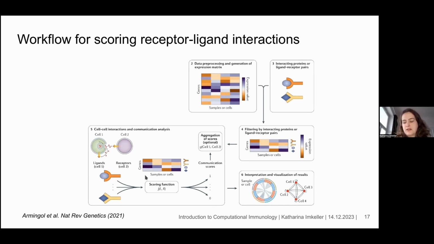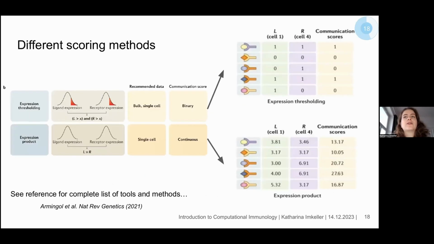So now let's take a more detailed look at the scoring function. The scoring function can be very simple. Here I showed two examples of scoring functions. The first one is simply an expression thresholding, where you look at the expression of the ligand and the expression of the receptor, and if they are expressed above a certain threshold, they are labeled as expressed in the cell.